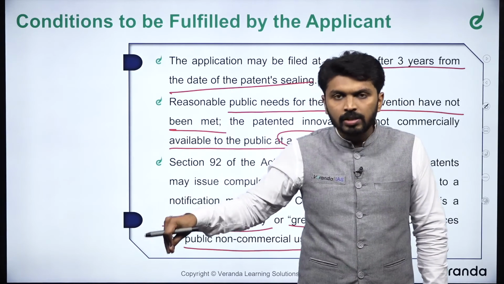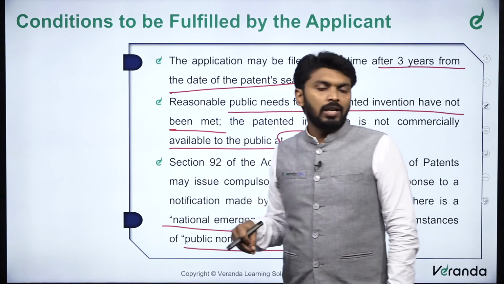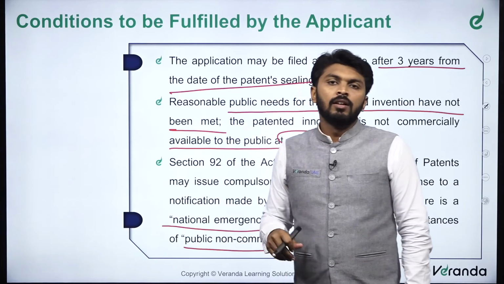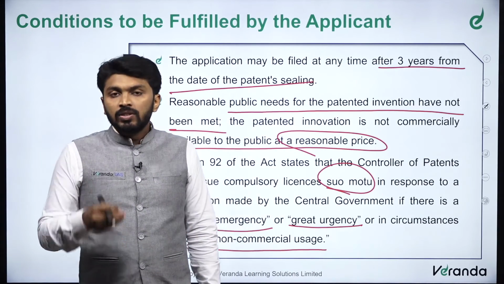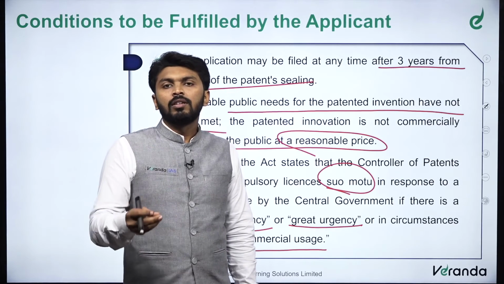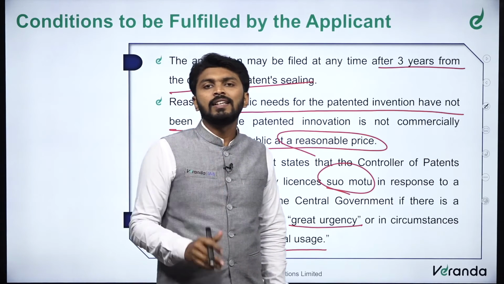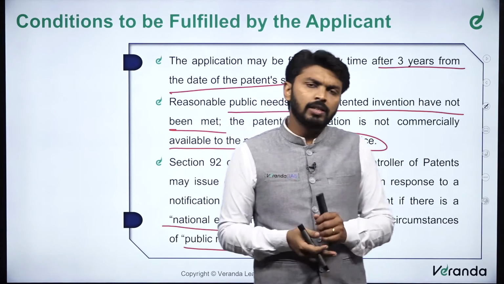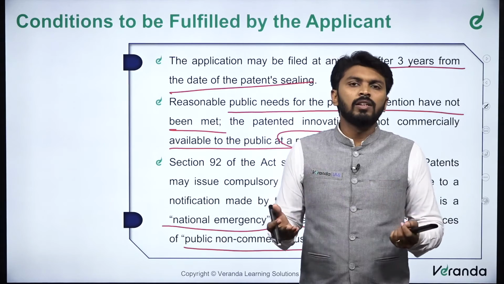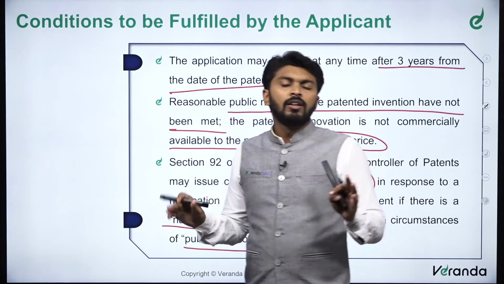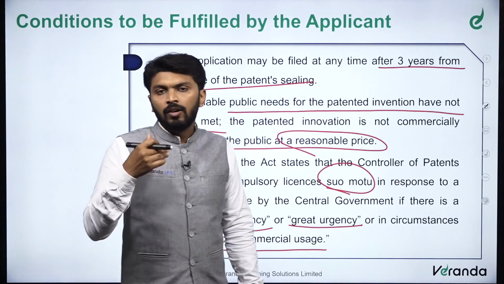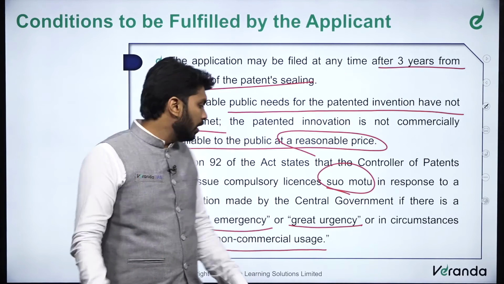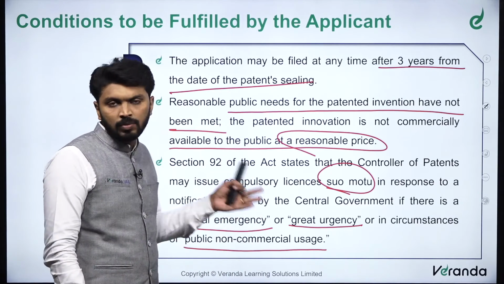This remdesivir is very important in battling what? The COVID pandemic. There is another drug, hydroxychloroquine, which is a very important drug for treating malaria. If there is any severe malaria outbreak, and malaria is not an epidemic, there is not going to be any outbreak, but I am saying this for a hypothetical situation, then that can be considered a great urgency or national emergency.